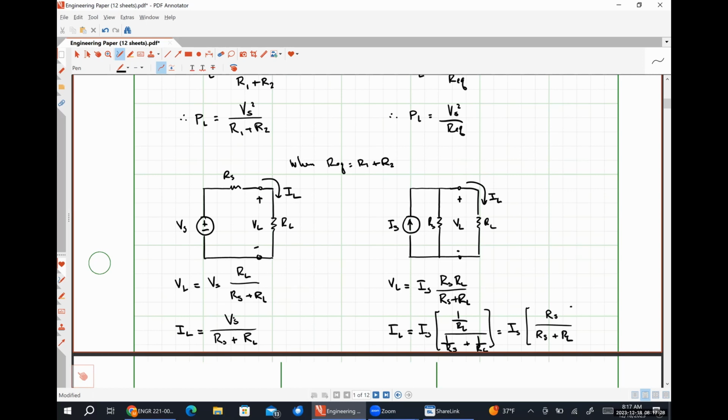So my question to you guys is, under what condition are these two voltages the same?